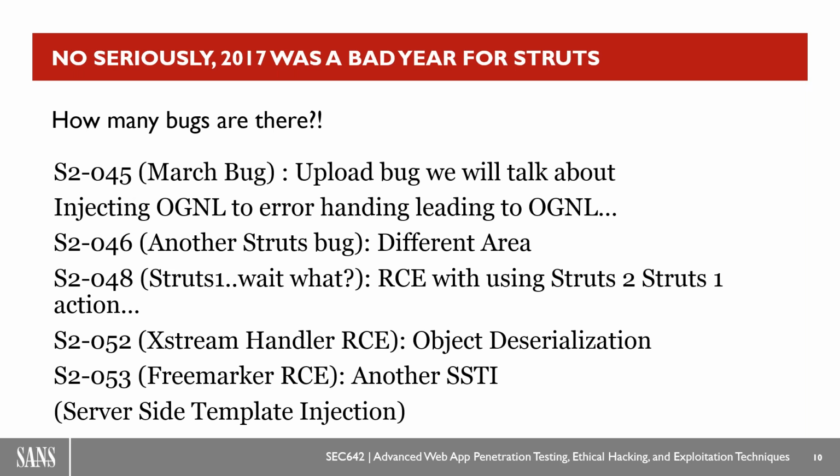But it wasn't just the one. There were 1, 2, 3, 4, 5 different vulnerabilities in Struts, one of which is in Struts v1 in 2017 between March and September. In fact, I was paying attention on one day and I noticed the 52 attack came out.